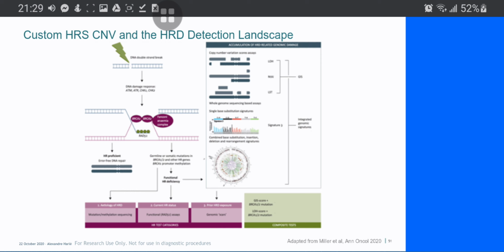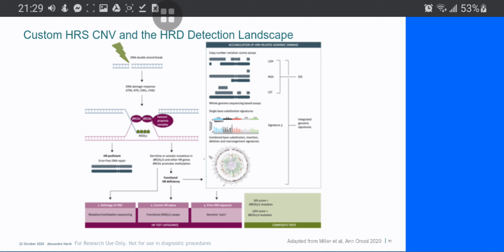Then you have some functional tests, and with this kind of test, you are able to know exactly at the present moment if HR is working or not, proficient or deficient. And then you have the third kind of tests that give you information about HRD or HRP, and it's based on genomic instability and different integrated genomic signatures.